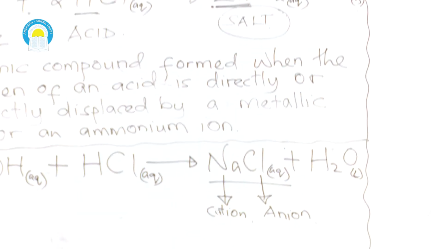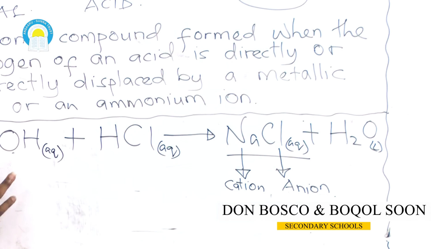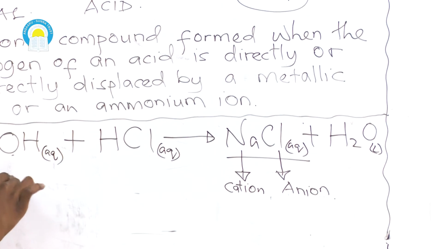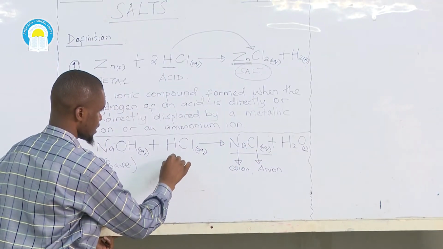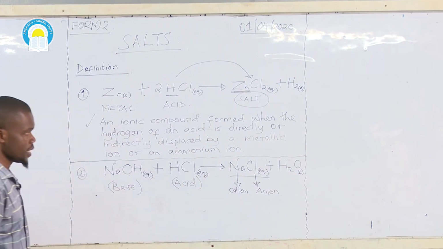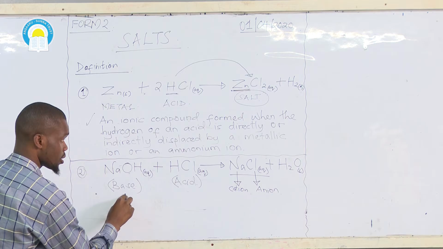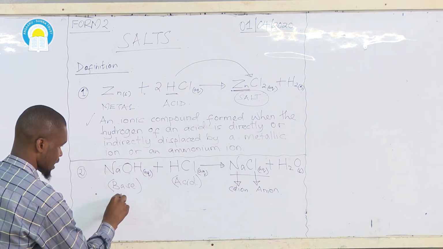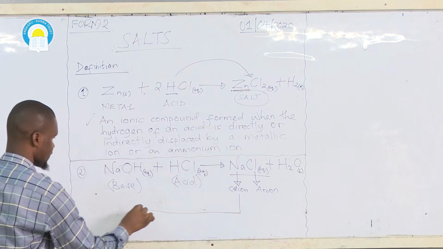Now if we look at these two reagents, one of them being the base, that is sodium hydroxide, and the acid, hydrochloric acid, then we can recognize that the cation sodium actually originated from the base.